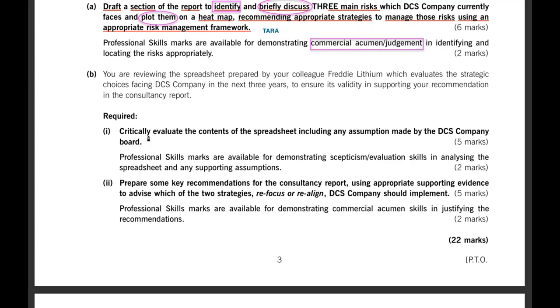So here you are supposed to be referring to the spreadsheet. You are supposed to be evaluating the contents in the spreadsheet, including any assumptions made by DCS. You may want to look into your exhibits and what they are.